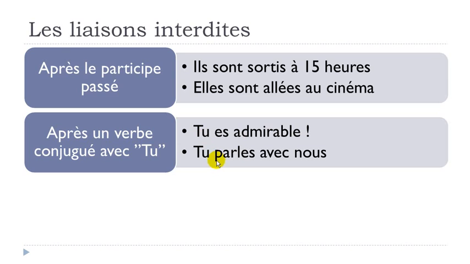And it will be exactly the same thing here. Tu parles avec nous. So no liaison here between parles and avec, okay? Tu parles avec nous. All right, so that's the rule. When you've got a verb at the tu person, second person of the singular, don't make a liaison after the verb. All right.